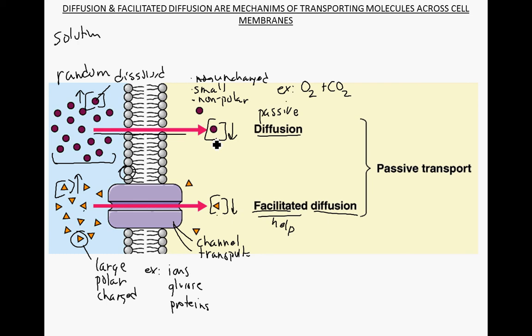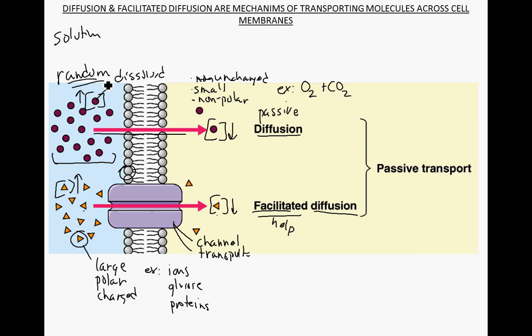I want to caution you that when you write about this, when you talk about this, you should not be saying that these purple dots need to move in, or that they want to move in, that these yellow, orange triangles need to move in or want to move in. There's no needing or wanting here. They just will because of this random movement of these molecules in solution. So let's try to not anthropomorphize these things too much.